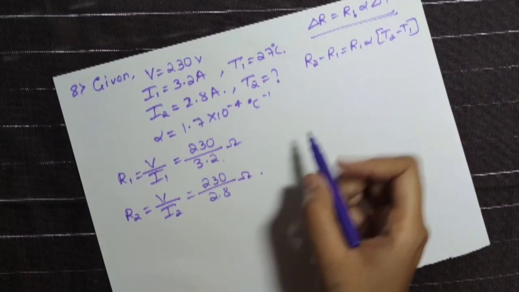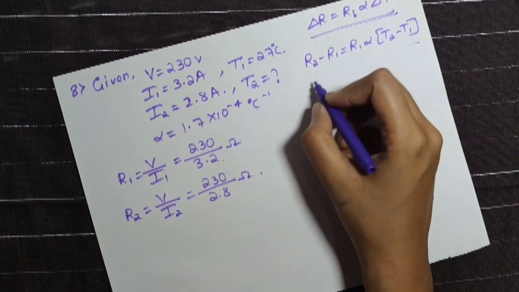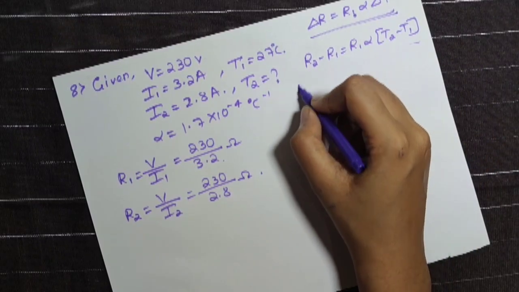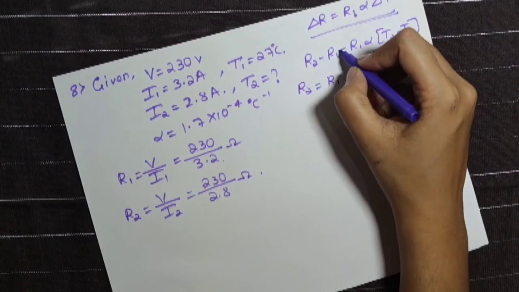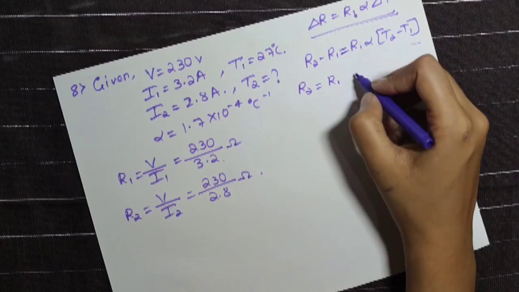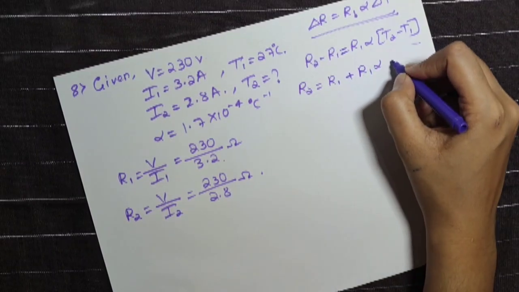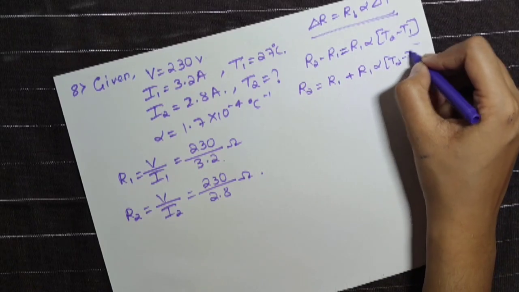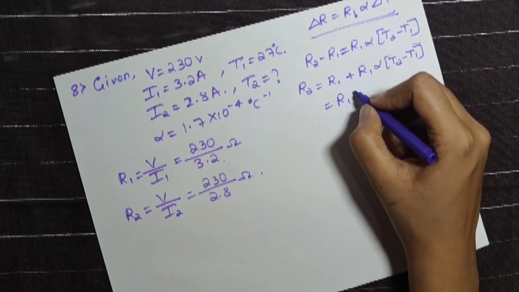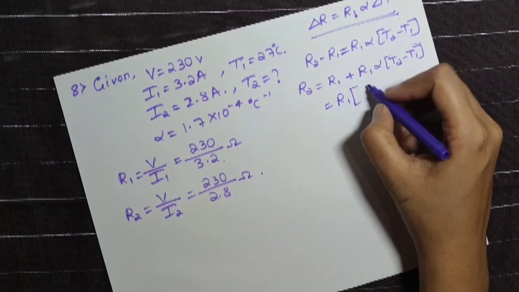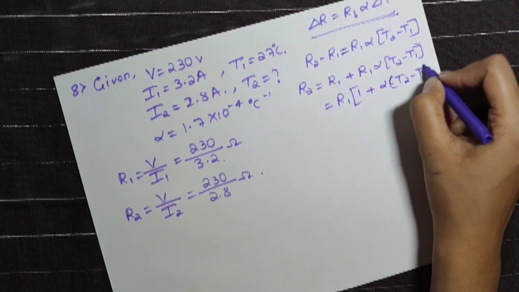Okay, for that sake I will solve this equation again. So R2 equal to R1. Remember, previously I solved this equation, that is R1 plus R1 alpha T2 minus T1. Okay, here we can take R1 common into 1 plus alpha T2 minus T1.